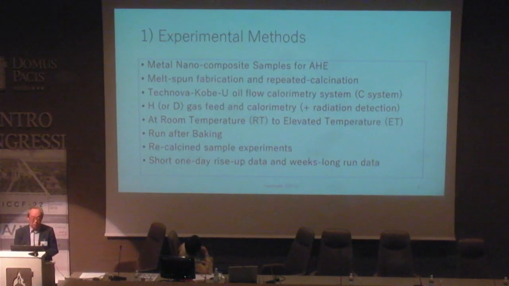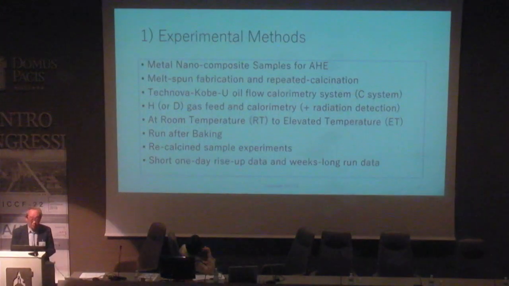And then we take the sample out of the reaction chamber and make a recalcination in an electric oven to repeat this similar experiment. So step by step, we have seen very significant enhancement of excess heat power.